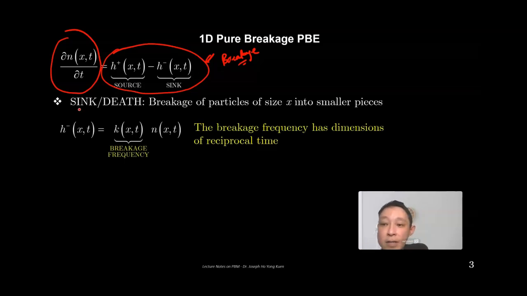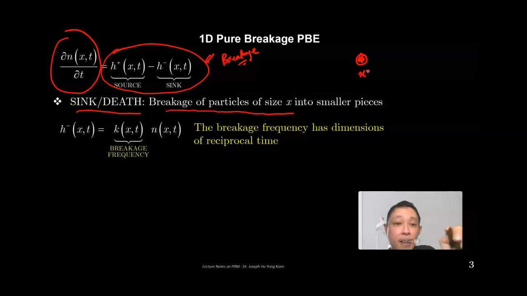For the sink or the death term, what it actually represents is the breakage of a particle of a size x into smaller pieces. So if you have a particle here and you say that your particle has a size of x, the death term here represents the breakage of this particle into particles of smaller pieces. So this is given by the sink term.